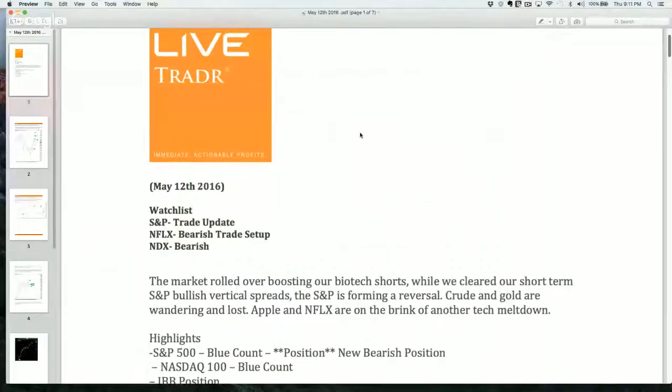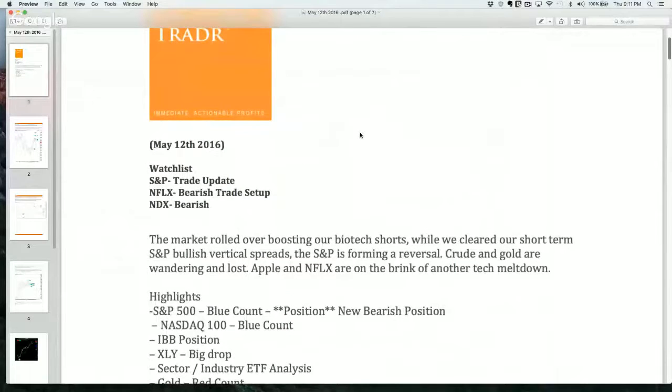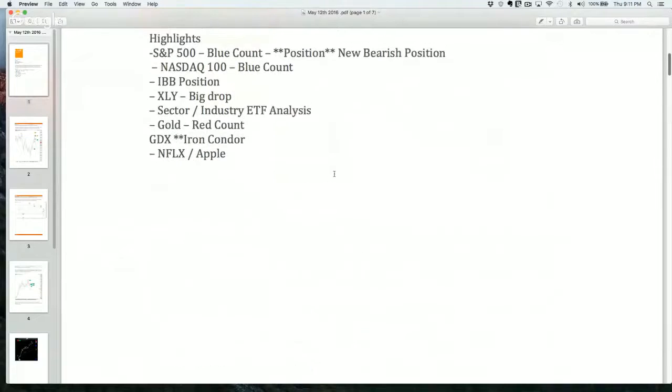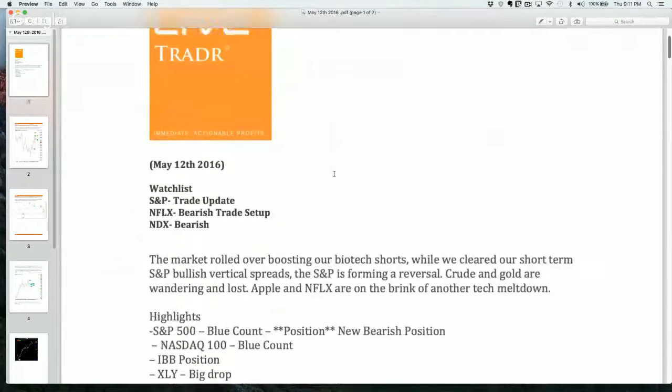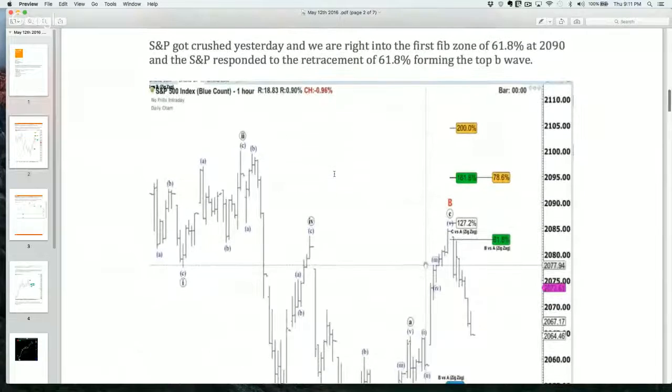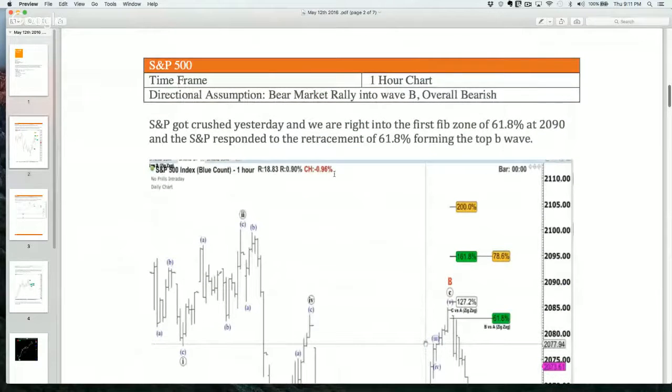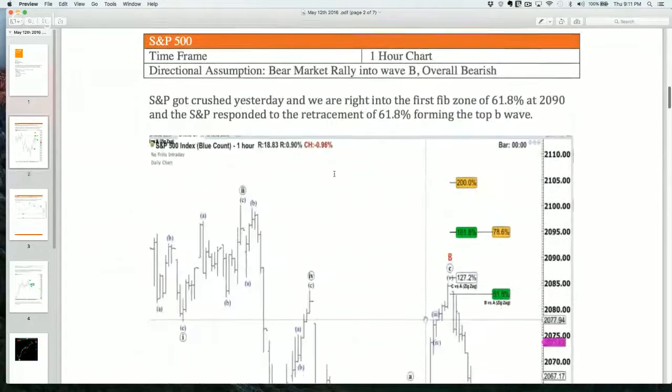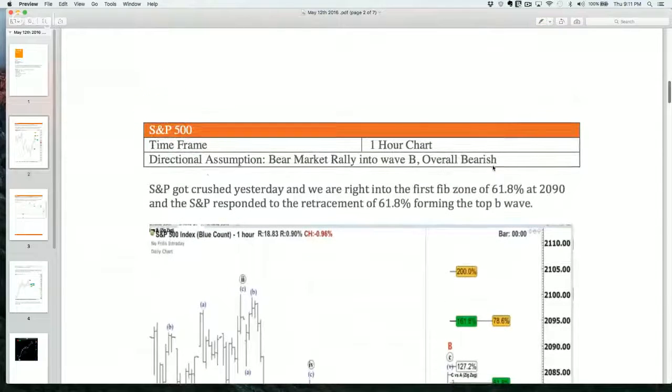So on May 12th, we have S&P, we have Netflix, we have NASDAQ. All right, so I'll go through step by step, and I'll show you how to do simple analysis, how to establish the debit spread or credit spread depending on the IV rank. Okay, and let's dive in to S&P 500.